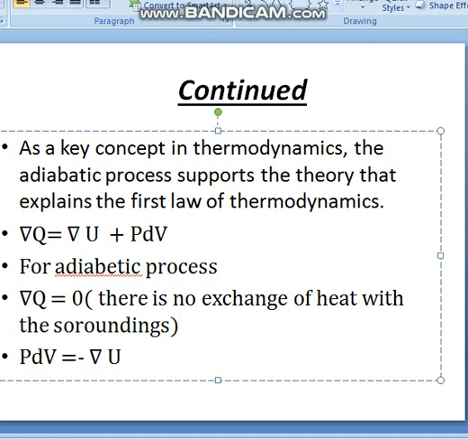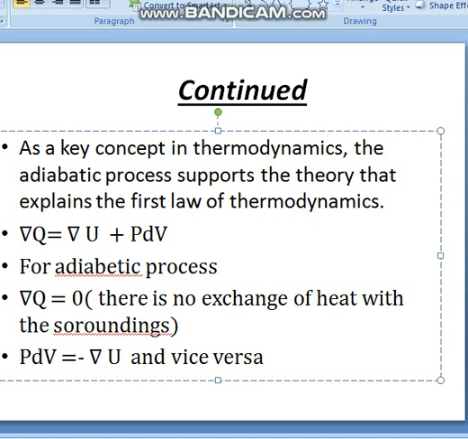So in this case, we can see that PdV is equal to minus delta U. It means that work is done, volume will increase, and the internal energy of the system may drop.